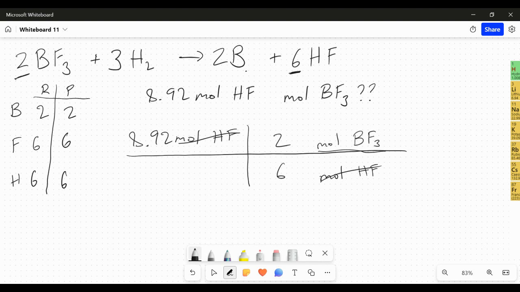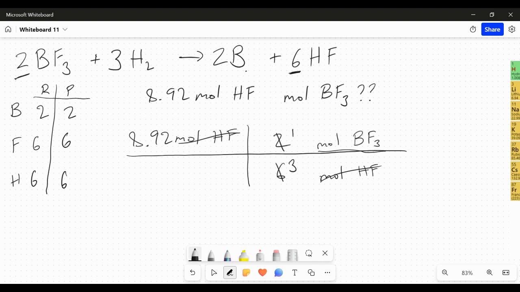But the other thing that we could do, and this is only if you're comfortable with it, if you're not, you don't have to do this. Plugging it into a calculator will still get you the same answer. But you see 2 over 6, we can actually reduce that. We can cross out the 2 and make that a 1, and cross out the 6 and make that a 3. So see how we're dividing both the top and the bottom by 2? Anything we do to the top, we do to the bottom, and it is the same. So 2/6 is the same as 1/3.